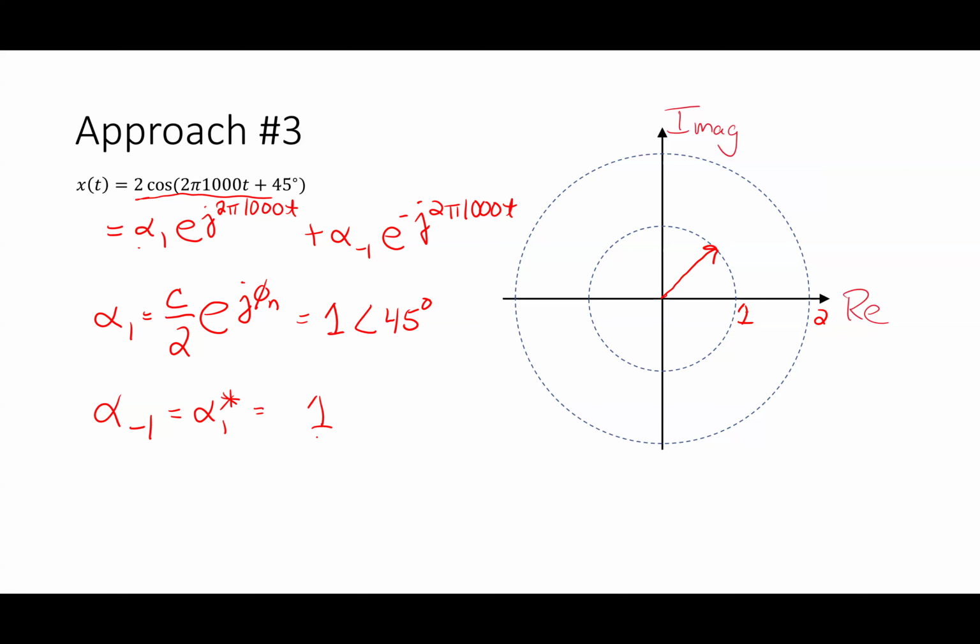What's the angle of it? Minus 45. So that would be like that. This entire term here is this one. I'm showing this at t equal to 0, but the two vectors would rotate.